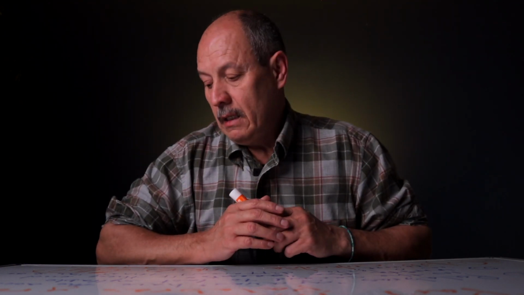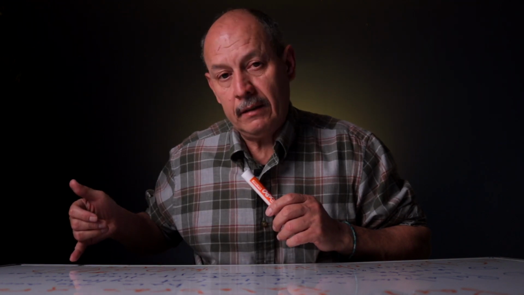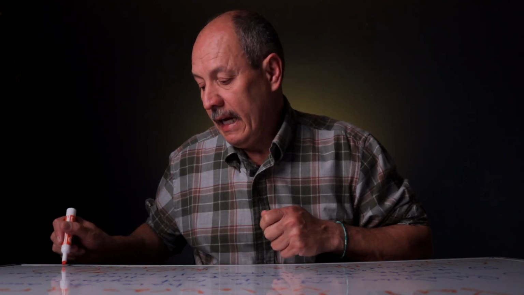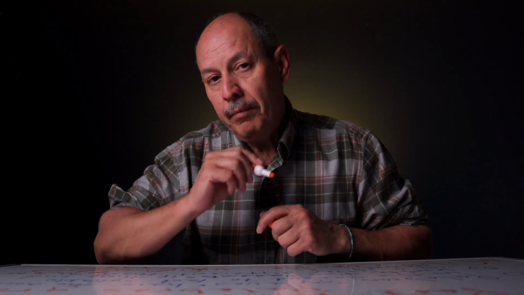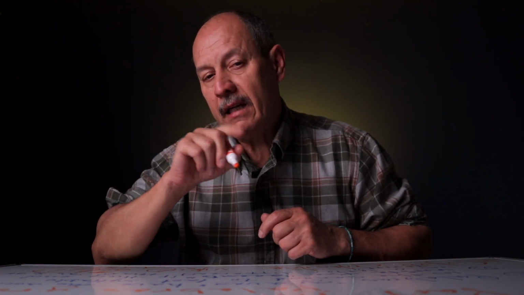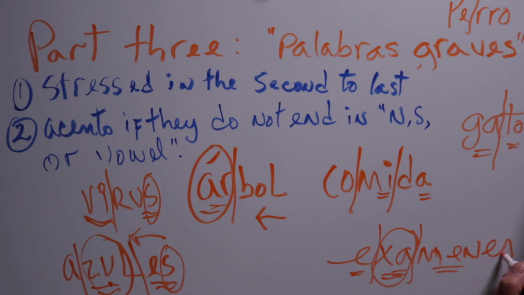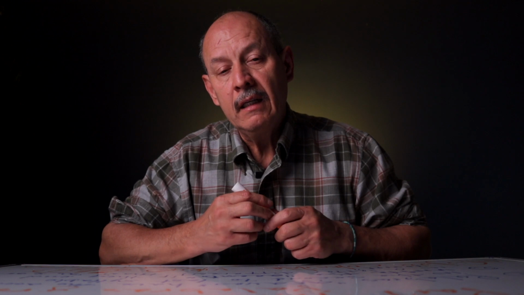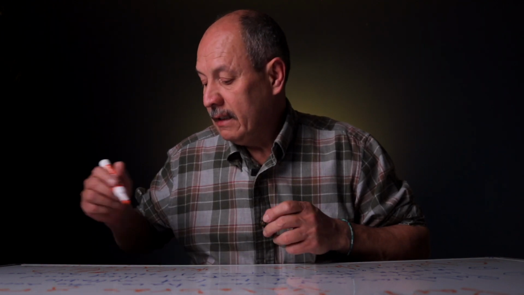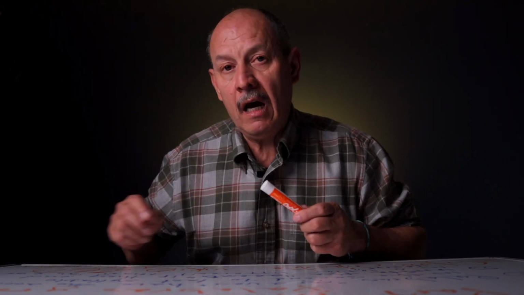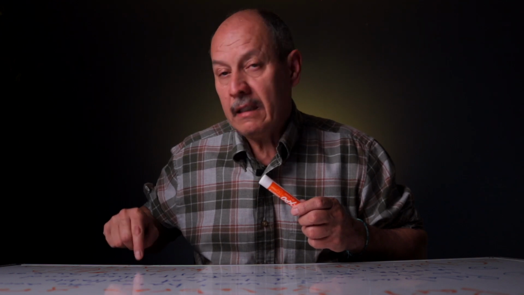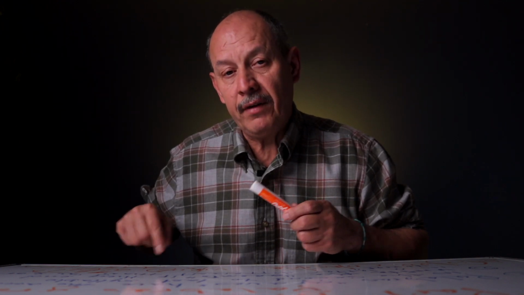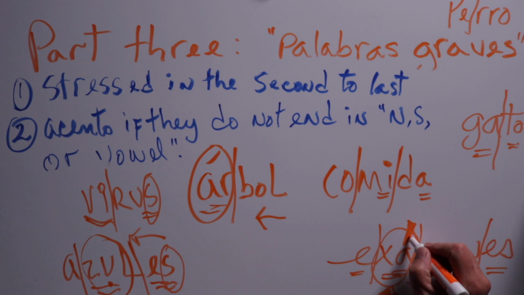I don't have to write down the acento because it's ending in N. But if I make this examen plural and I add the extra syllable es to pluralize it, now we have a situation here. Now the word becomes something different. And I have to write down the accent over that.